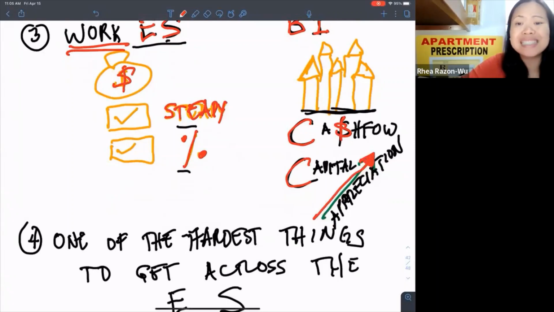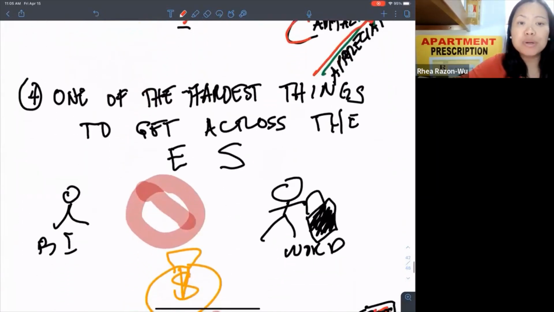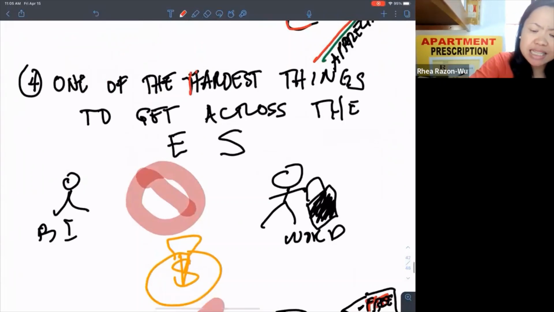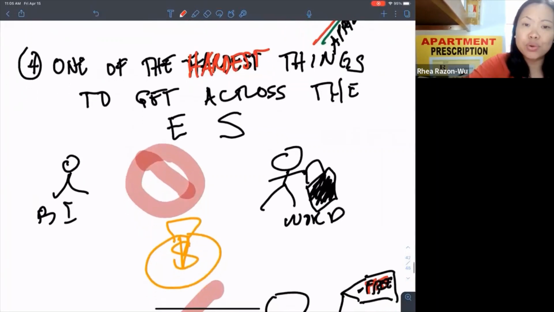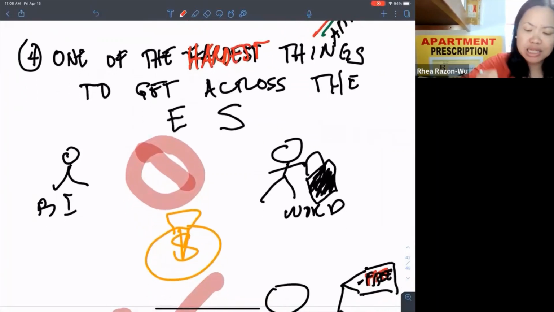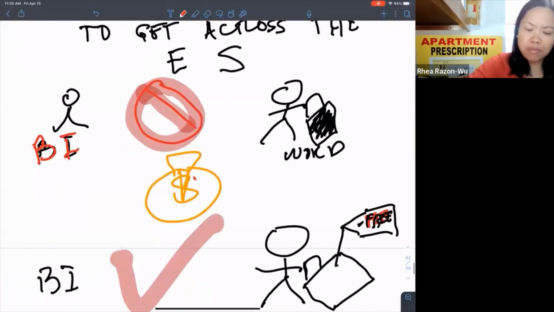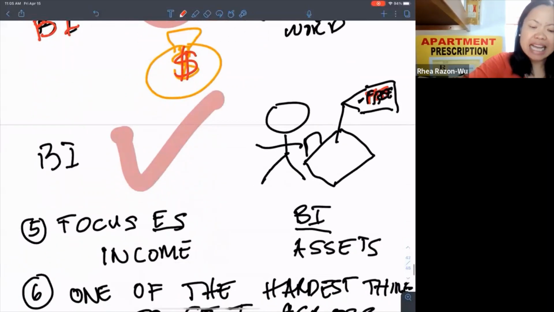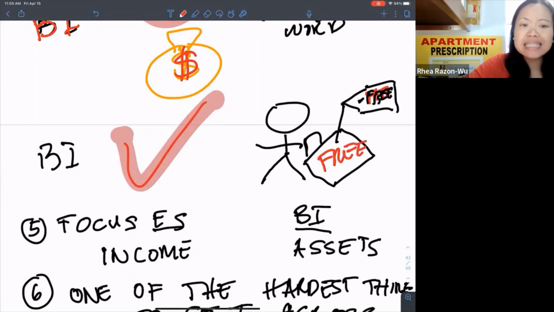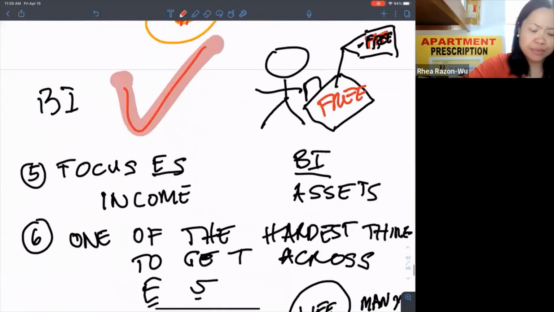That's what the big business and the investors work for. Point number four, one of the hardest things to get across to the employee, the self-employed, the specialist, and the small business is that the big business and the investor do not work for money. In fact, they work for free. The big business and the investors, they work for free.